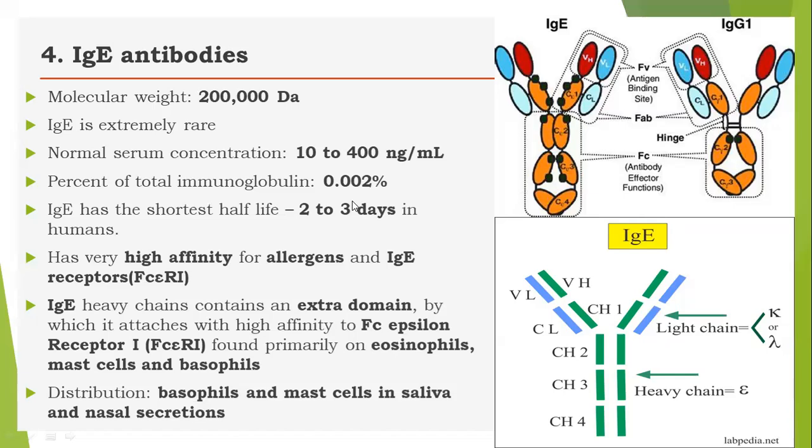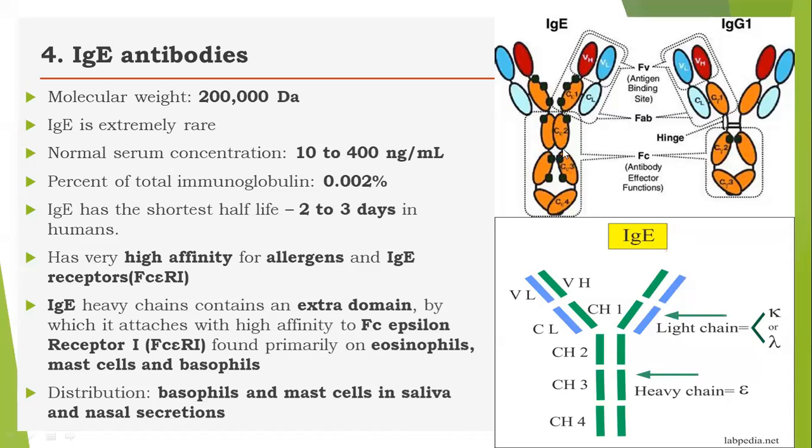Immunoglobulin E has a high affinity for allergens and IgE receptors, such as the Fc epsilon receptor that is primarily on the eosinophils and the basophils. I'll come back to the reason why we have an IgE molecule that has a different structural combination of the Fc region to that of the basic Ig molecule.